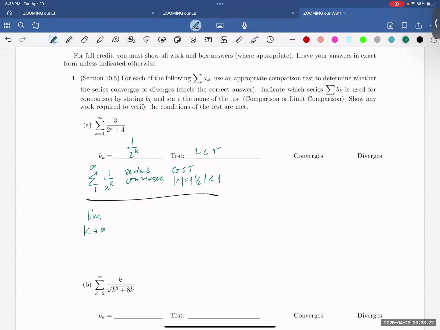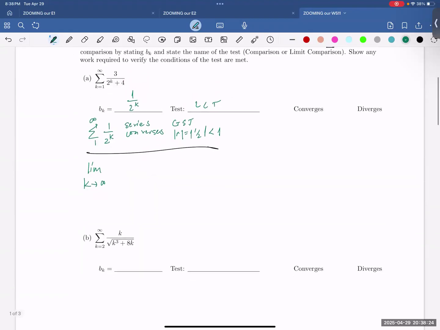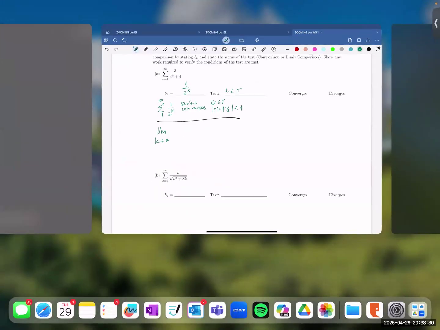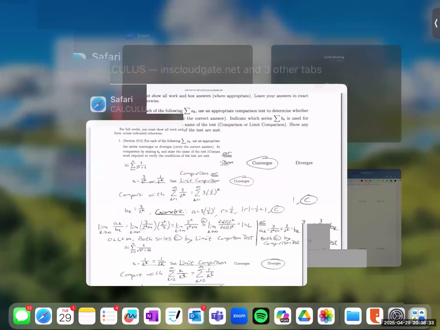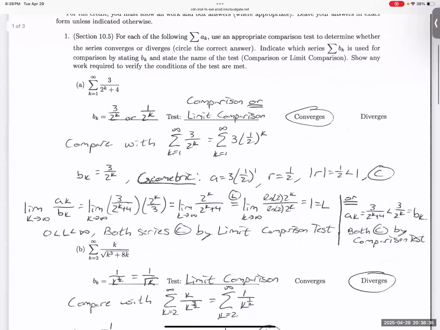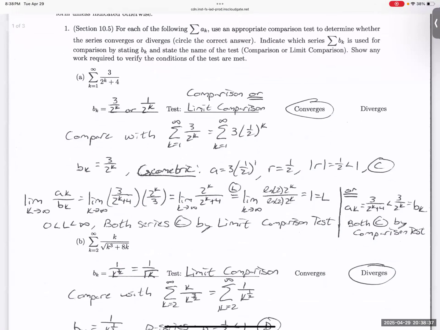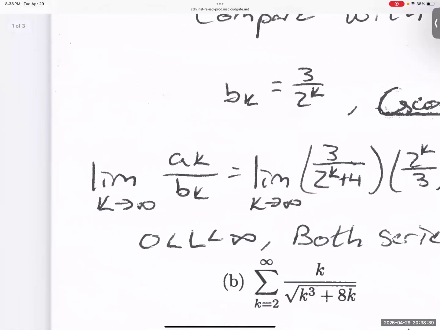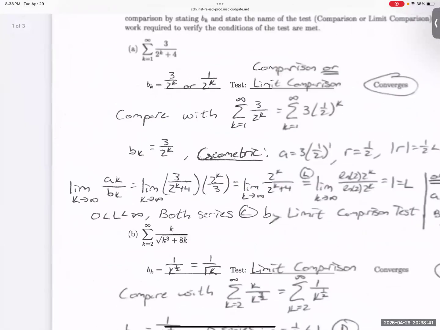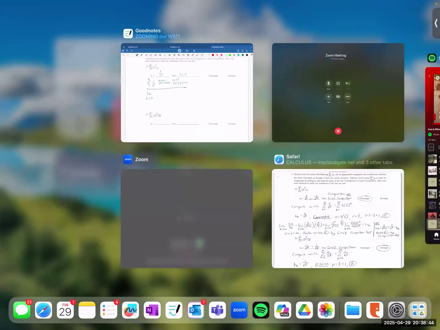k getting big. Isn't it? Oh, what is it? I forget. Is it a sub k over b sub k? Is it absolute value? There we go. Over here on the left, a sub k over b sub k for your limit comparison.